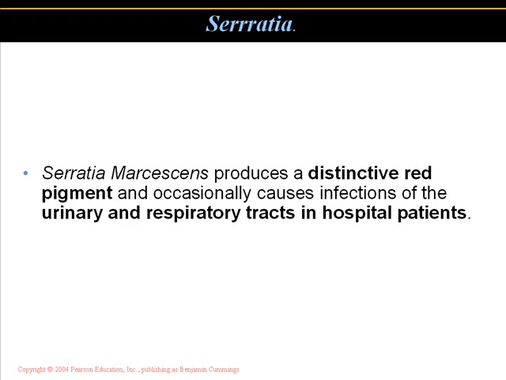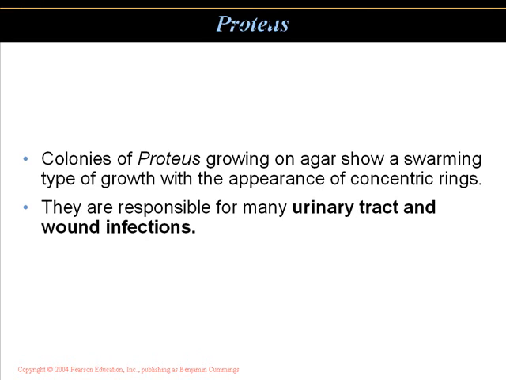We can see this as well in the urinary and respiratory tract in hospitalized patients. Serratia marcescens typically will be one of the main sources of nosocomial infections that we'll see in hospitals. So you should be familiar with Serratia marcescens.